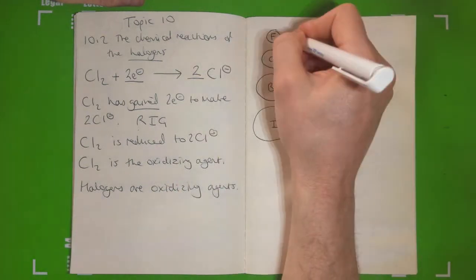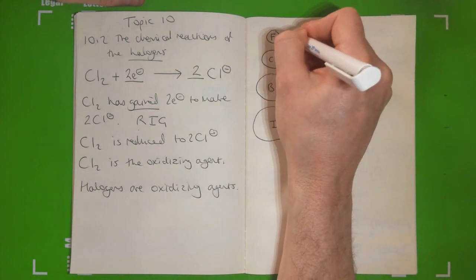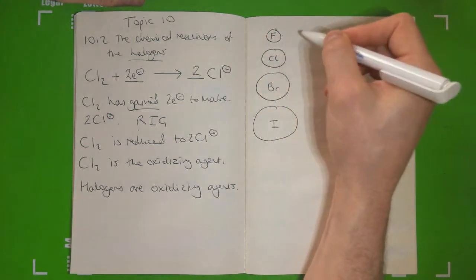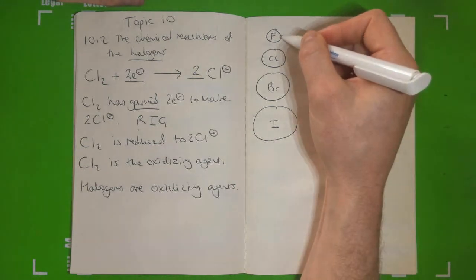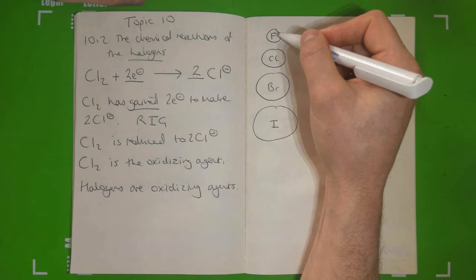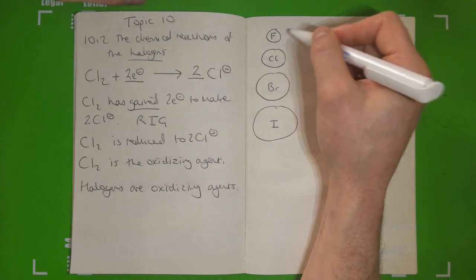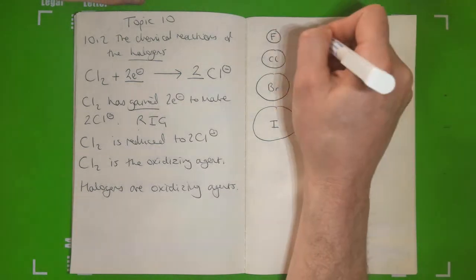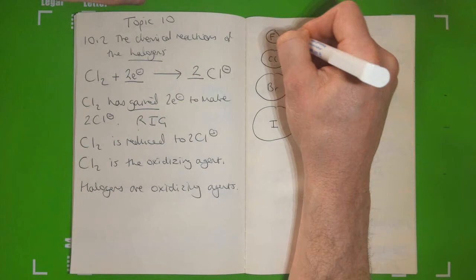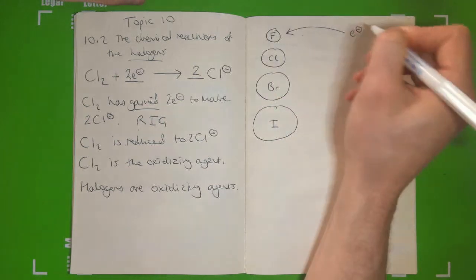What we're doing is gaining electrons. Now, because the electron that I'm going to be adding to this F atom here is going to be quite close to the nucleus, and there's not going to be many shells between that shell and the nucleus, so there's limited shielding there, then there'll be a very, very strong force of attraction when I'm trying to add that electron.